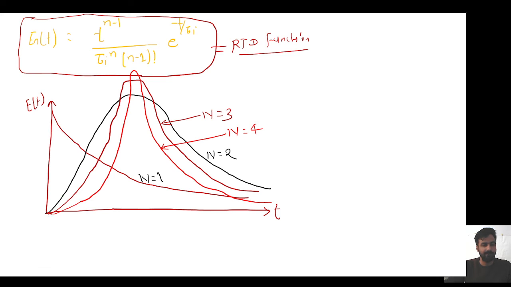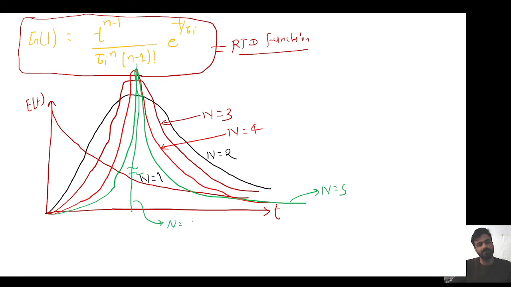Okay. Green is when n is equal to 5. Okay. And you can see there will be a plot like this one when n is equal to infinity.